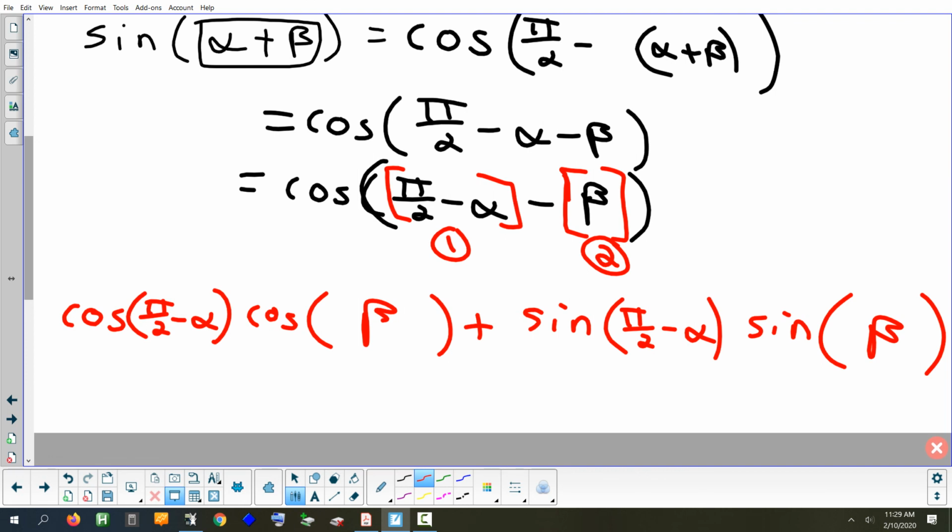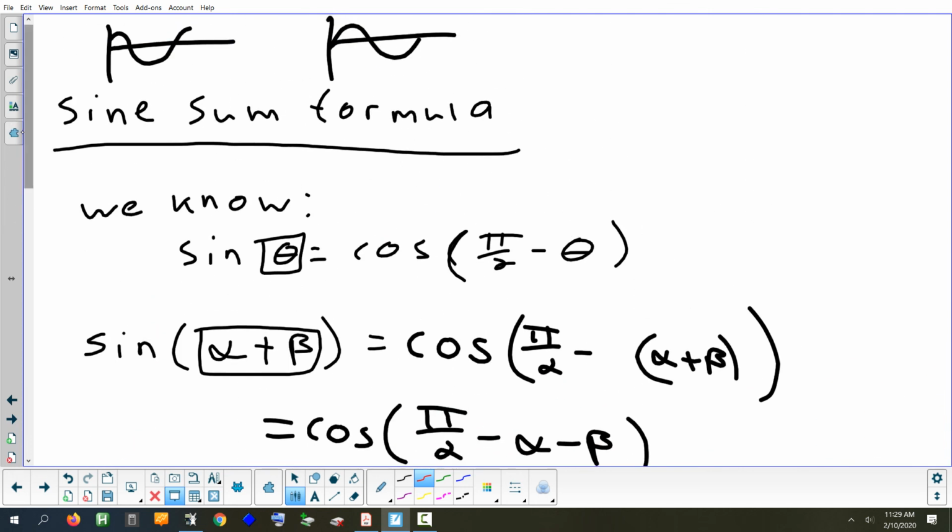Now, let's look at the first one. You're not going to be able to do anything with cosine beta and sine beta. Those are as simple as they get. But the other two you can. Cosine of pi over 2 minus alpha is equal to what? Sine. What's our letter we're using? Alpha.